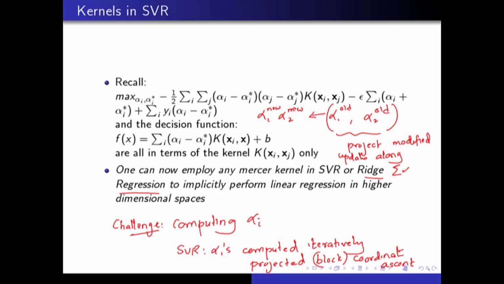We have summation alpha i minus alpha i star equals 0. We also know that alpha i's and alpha i stars should all be positive. It turns out that there are very efficient algorithms that achieve this. In particular, there's one very useful algorithm called the SMO algorithm. More about this later.